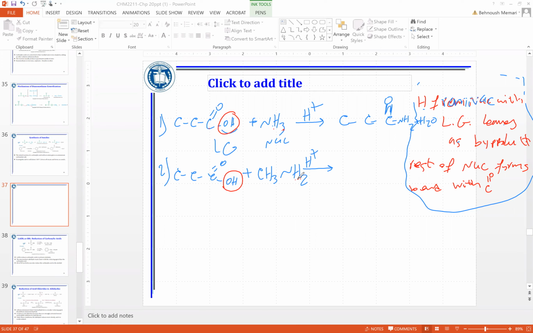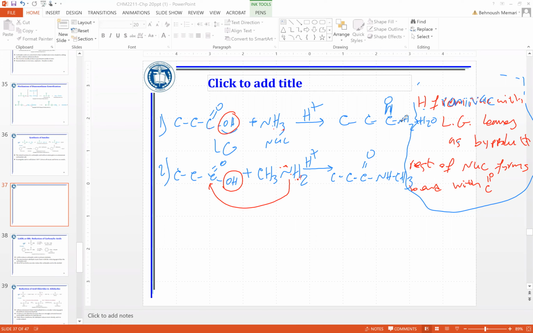The rest of the molecule, the nitrogen, because it has the pair of electrons and is the nucleophile, is going to form a bond with the carbonyl group of the carboxylic acid. So the product is going to be CH3CONHCH3. Because I have NH2 now, it ends up with NH and CH3. This is also an amide because I have CO double bond attached to nitrogen.